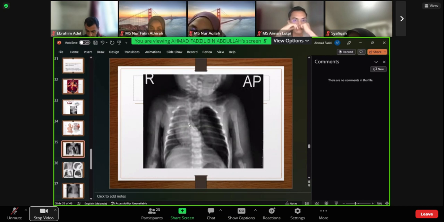And you can see the heart being pushed to the right side, and the lung here compressed. For treatment, some cases are ventilator induced, and some are spontaneous. The treatment is just to put in a chest tube, or just puncture it, and then the air will come out, and the child will recover.